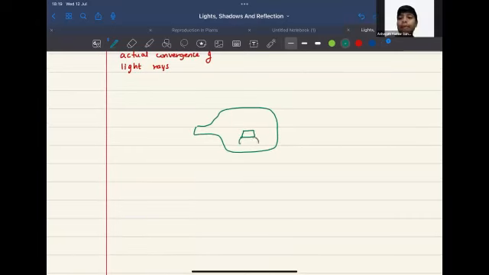Yes, ma'am. So why do you think the mirrors are designed like that? They can directly show that they are far away. No, anybody who knows why it shows?